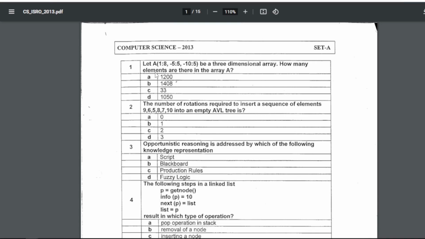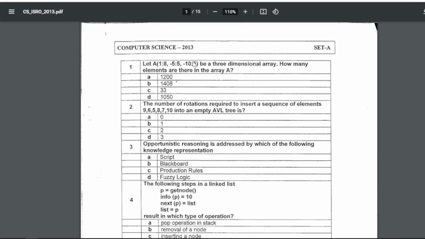So you have here the upper limit 8 minus 1 plus 1, so that will be 8. The number of elements in the second dimension will be 5 minus (-5) plus 1, so you will get 11 from here.